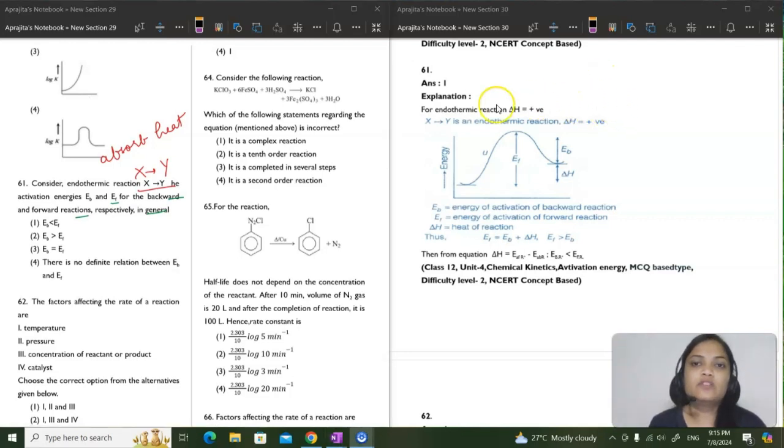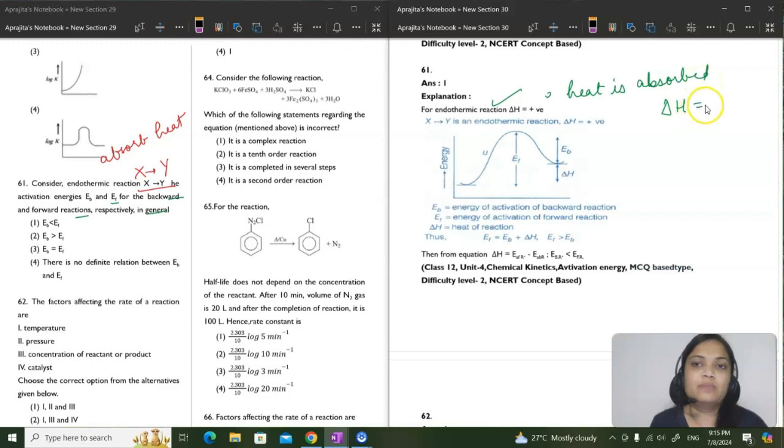So students, if I talk about endothermic reaction where heat is absorbed, you know whenever heat is absorbed, the delta H, that is the enthalpy change for the reaction, will be positive according to this graph. So you know that the delta H value will be equal to the forward reaction energy minus backward reaction energy.